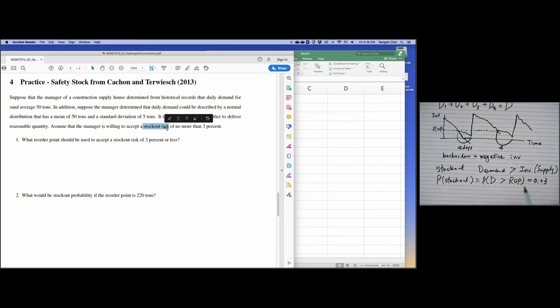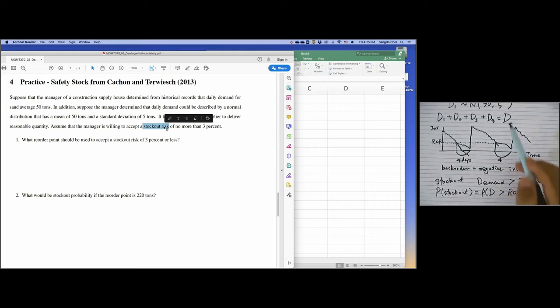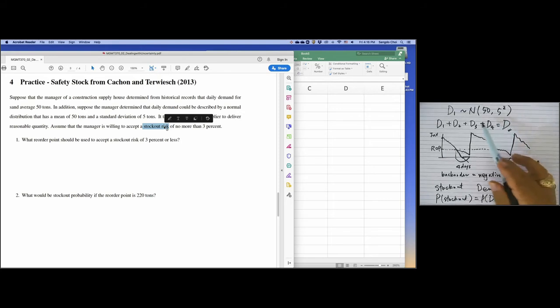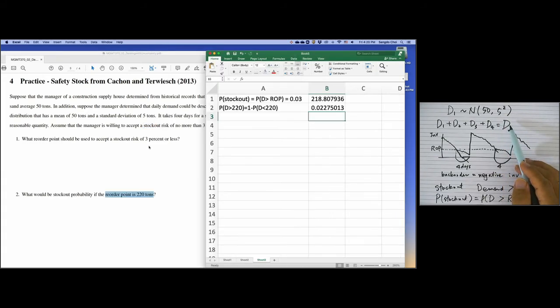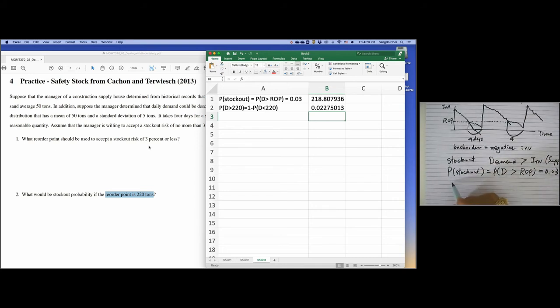0.03. So actually, back to our case, daily demand. This is not 4 days demand. Daily demand we have is 50. Every day you have 50 and standard deviation 5, and our demand for delivery time is a sum of 4 days of demand. Suppose these demands are independent and identical, so you have to add them up. Then what is the new demand distribution?